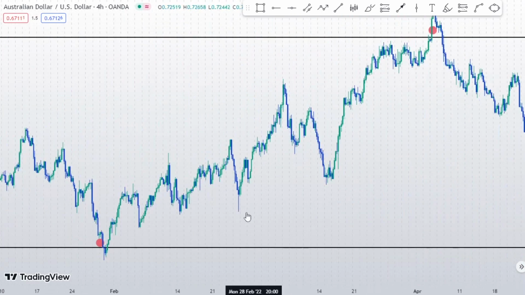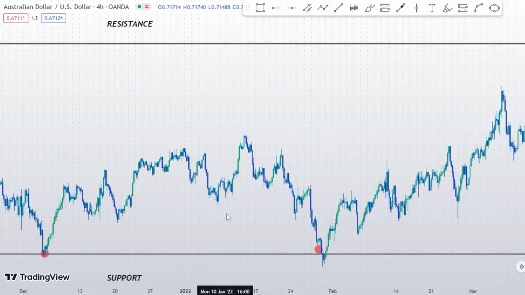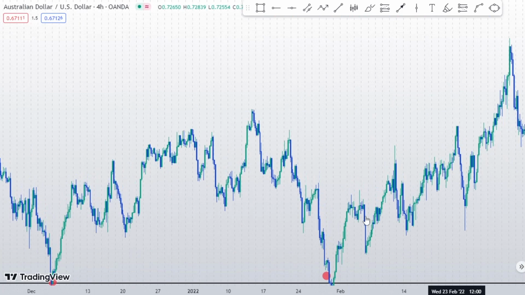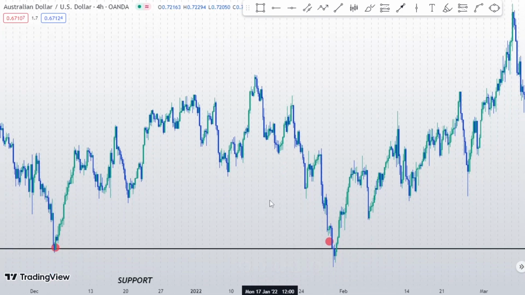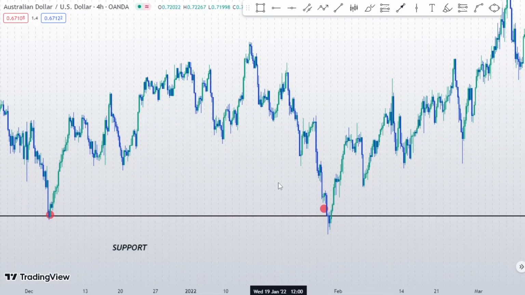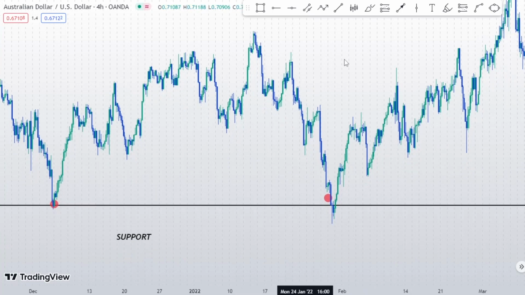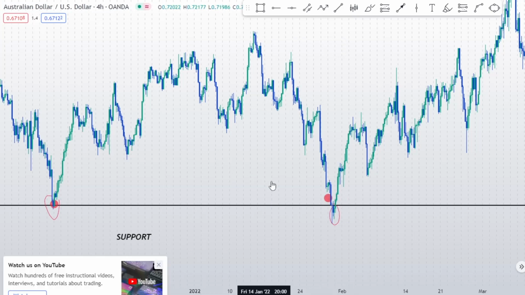You should know your candle patterns. They're going to help you know what is happening when the market comes to the support level. The market came here, broke this level, surpassed it, and after surpassing, it didn't take long for the market to reverse and go back up inside the support level. So this is something that you need to count on.